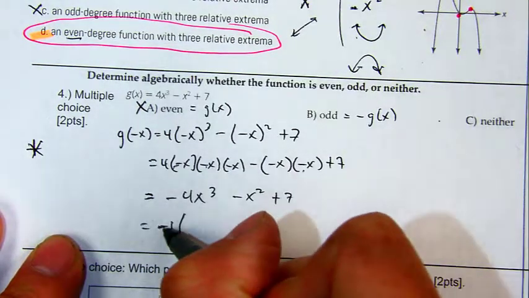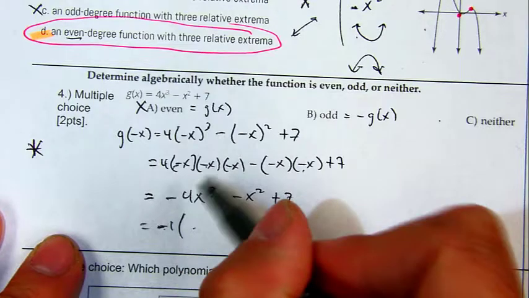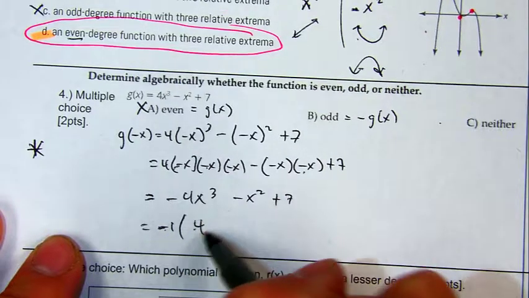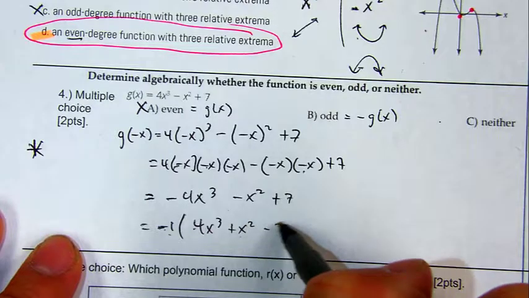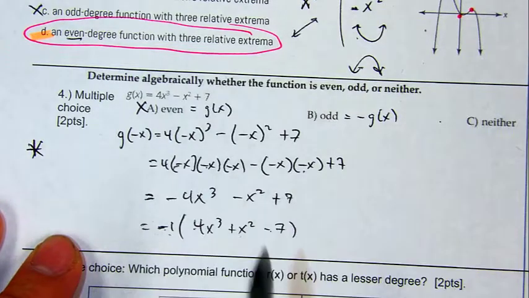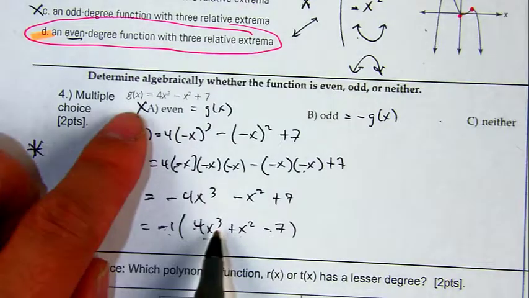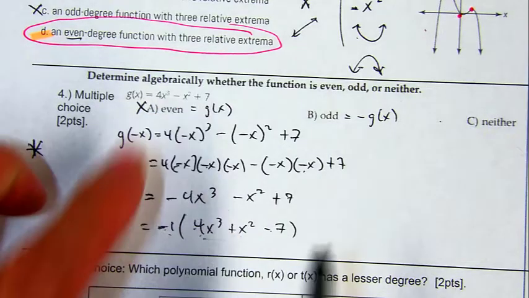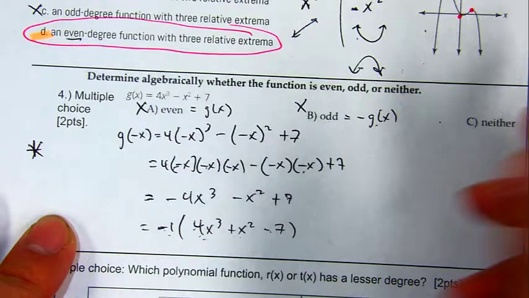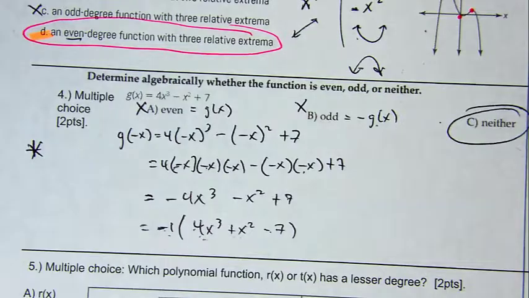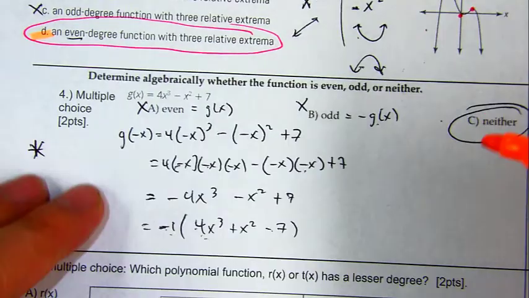Negative 1 times something equals 4x to the third. So this would be 4x to the third. Positive x squared. And this would be minus 7, right? So in here, is that the original? No. Not the opposite of the original. Therefore, it is neither. Answer is C.